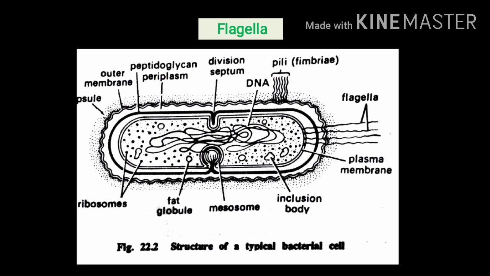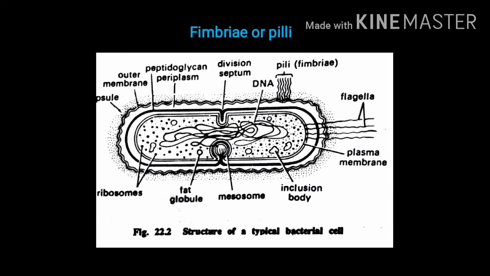Monotrichous is a single flagellum at one end, particularly in Vibrio cholerae. Lophotrichous is a cluster of flagella at one end, particularly in Spirillum. Amphitrichous is a cluster of flagella at each end, and peritrichous is flagella arranged all over the cell, particularly in typhoid bacilli.